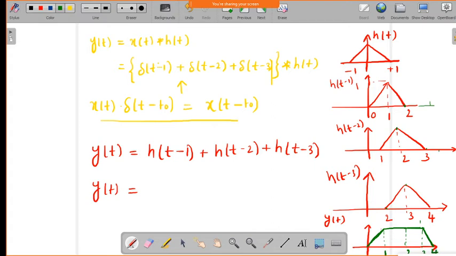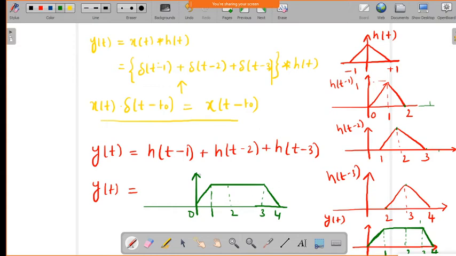So now this is actually your output signal which will look like this. That is, between 3 to 4 and 0 to 1 there is a ramp signal, and at 2 there is a value 1. Okay. So this is your output y of t.